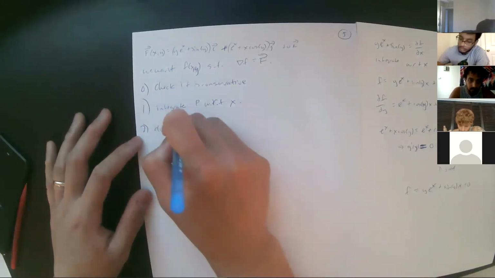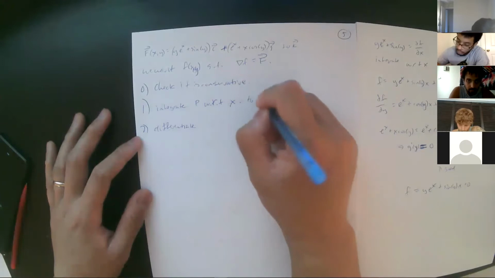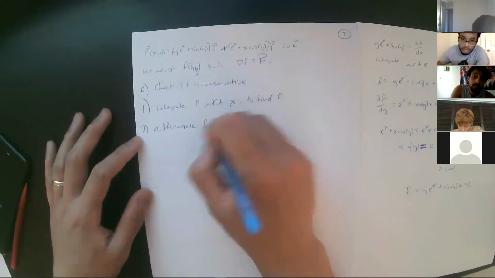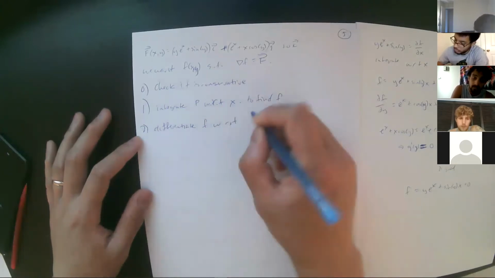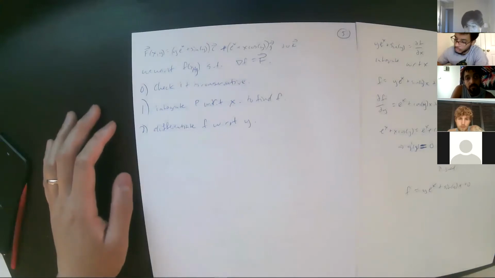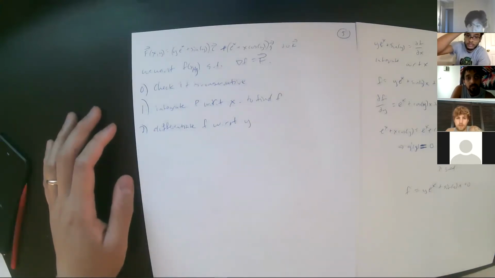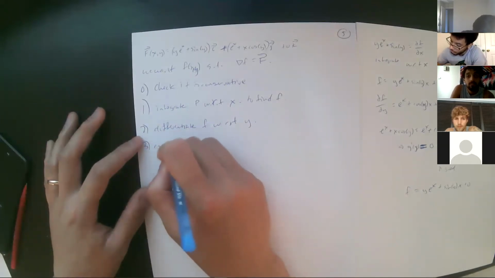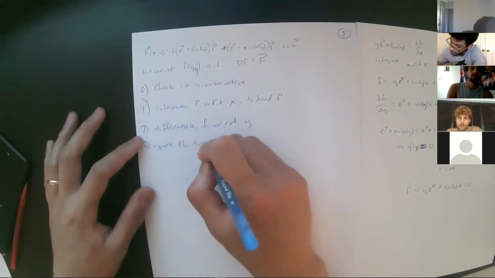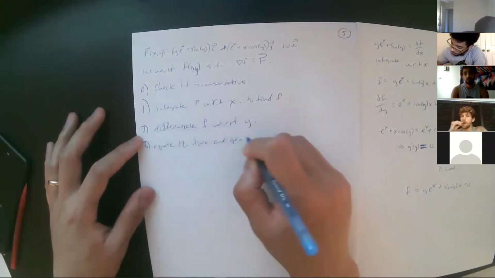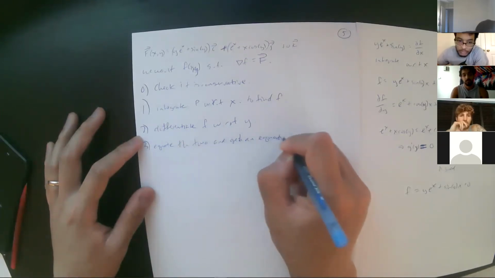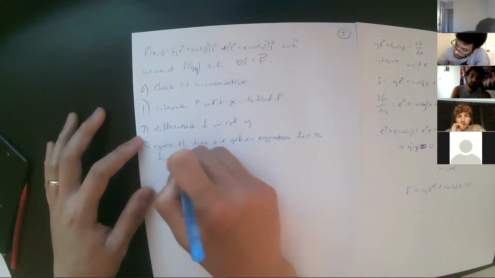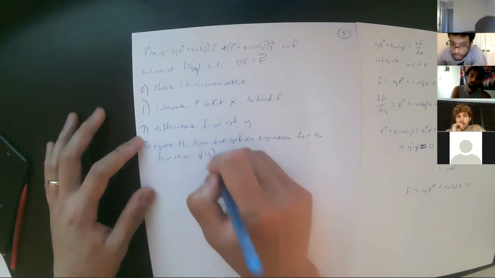Three, differentiate to find f. Differentiate f with respect to y. Four, equate the two and get an equation for the function g of y.